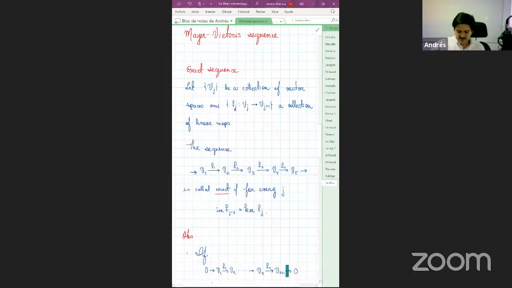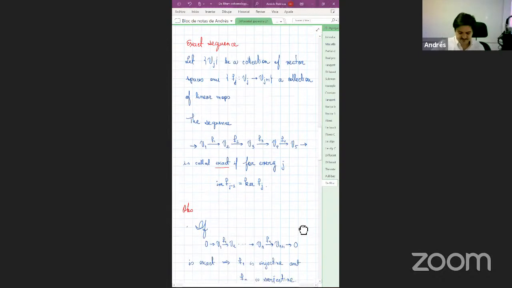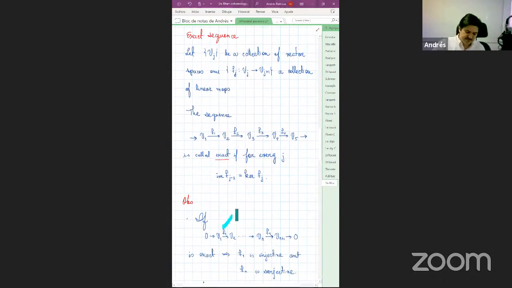So this map and this map, that's what we understand by writing that. We don't say what they are. And so if I have an exact sequence like this, I can say something about F1 and Fn. That is, this map is injective and this one is surjective. Okay? So for instance, because the sequence is exact, it is exact on V1.